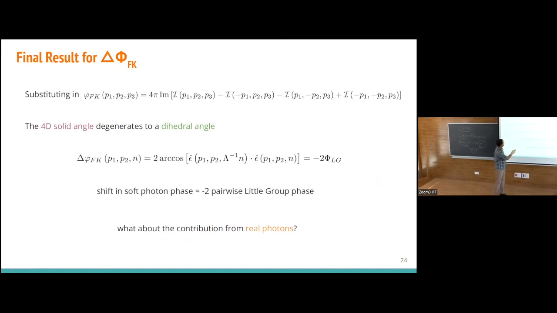And lo and behold, this has no right to be exactly equal to the phase -2, the phase that we got from the group theory, but somehow the stars align and we get exactly -2.